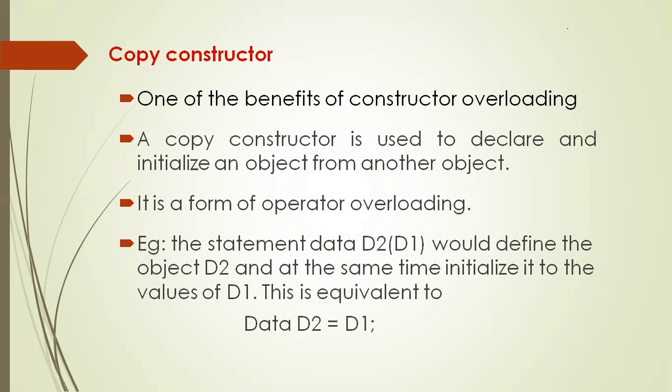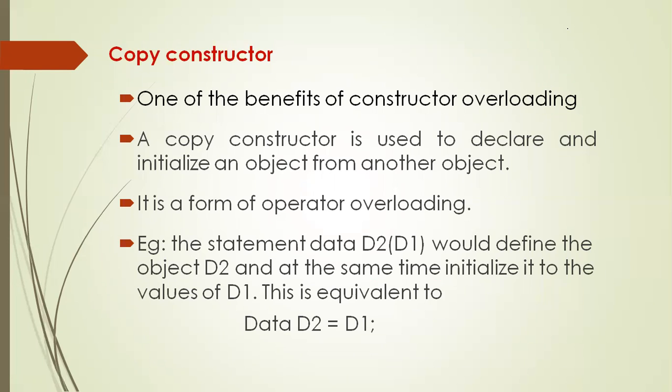So with the statement D2 within the parentheses D1, the complete content of all the data members of D1 is automatically copied into D2. So this will define the object D2, and at the same time initialize the object D2 to the content of the object D1. So this is equivalent to data D2 equal to D1.